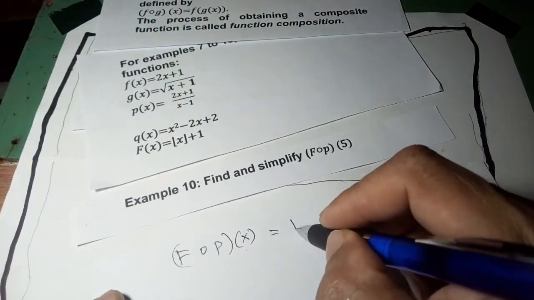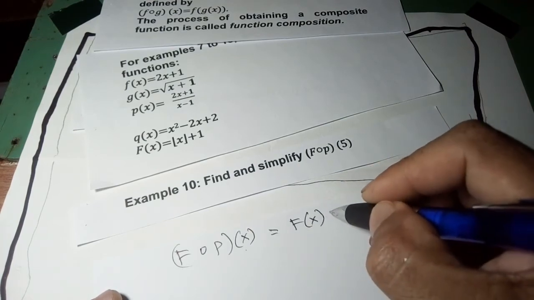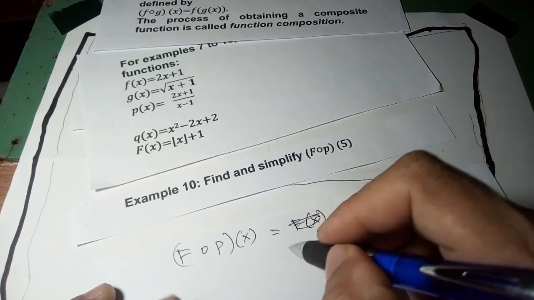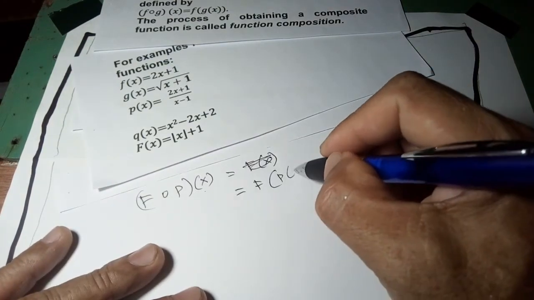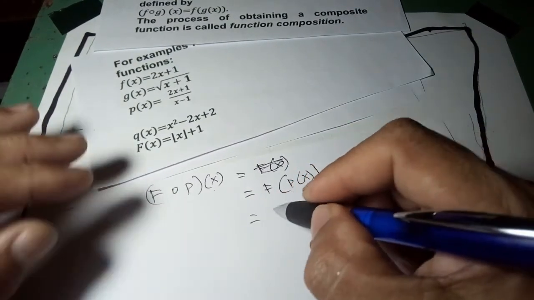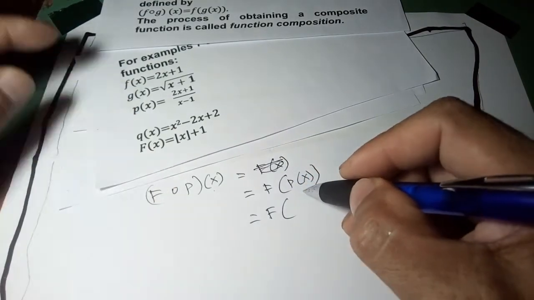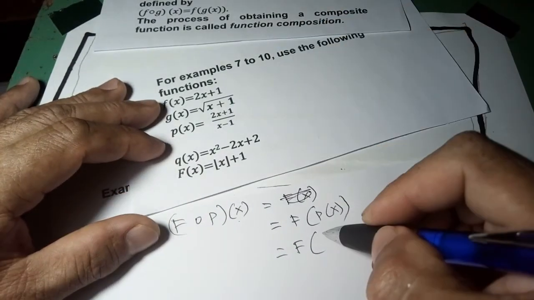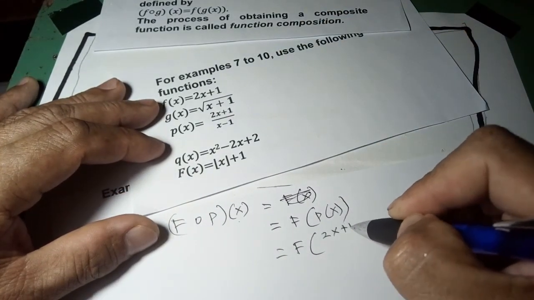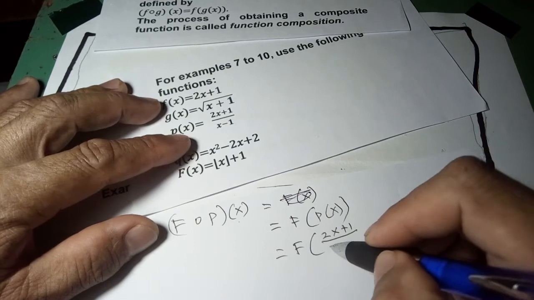So this is equal to f of p of x. So this is f, and p of x is this one, 2x plus 1 over x minus 1.